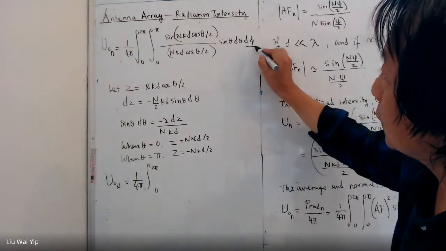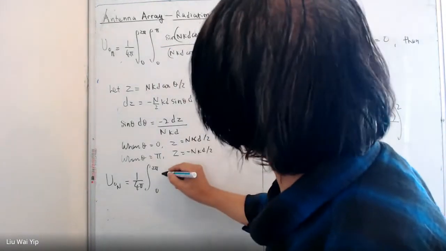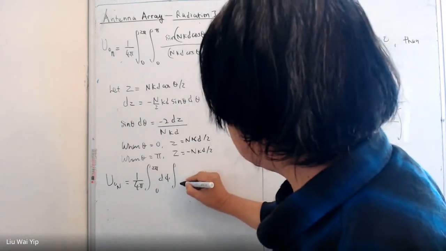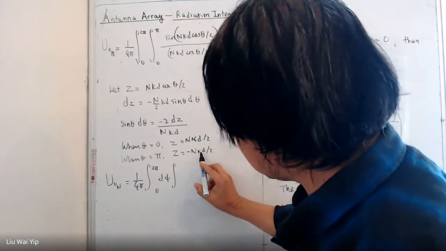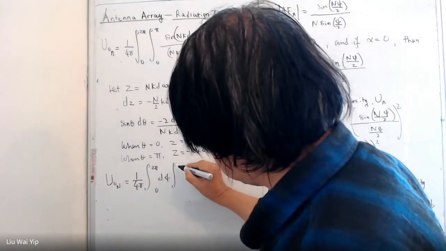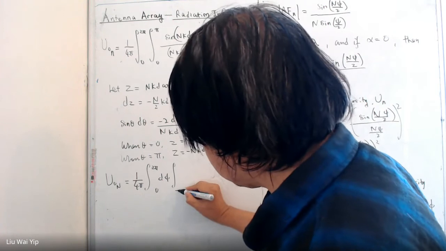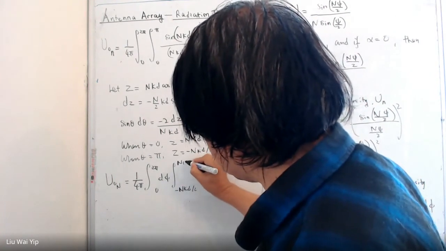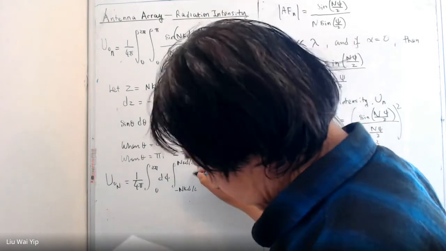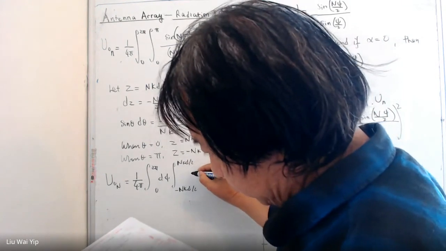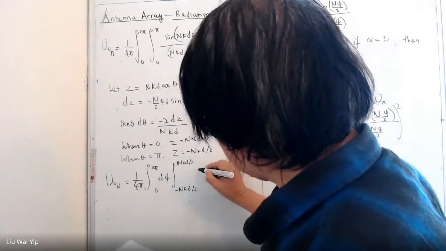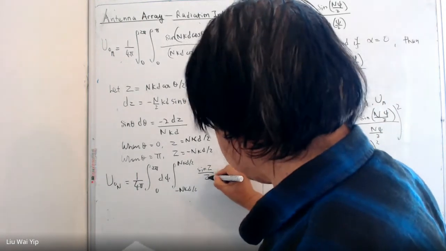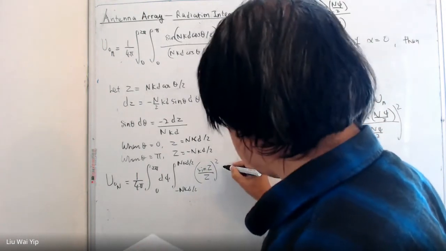I'm going to move this to the first integral, and then we are going to do the integral from minus nkd divided by 2 to nkd divided by 2, of sine squared z divided by z squared, dz.